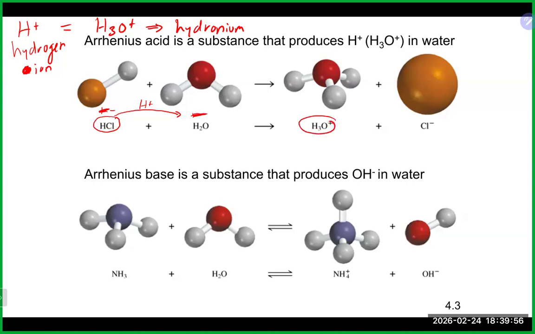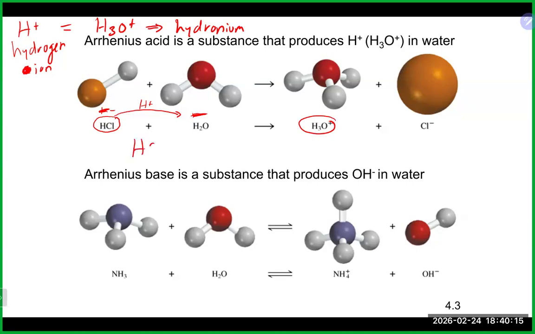So because they included water in that dissociation of the strong acid into its ions, you will produce H3O plus and chloride ions.